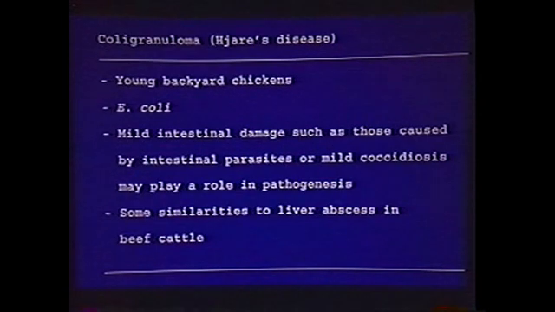Bacteria will penetrate through these necrotic ulcerated lesions and initiate liver abscesses. So it's very similar to these liver granulomas in chickens. And as I mentioned before, from a meat inspection point of view, we treat them the same way as in beef cattle.